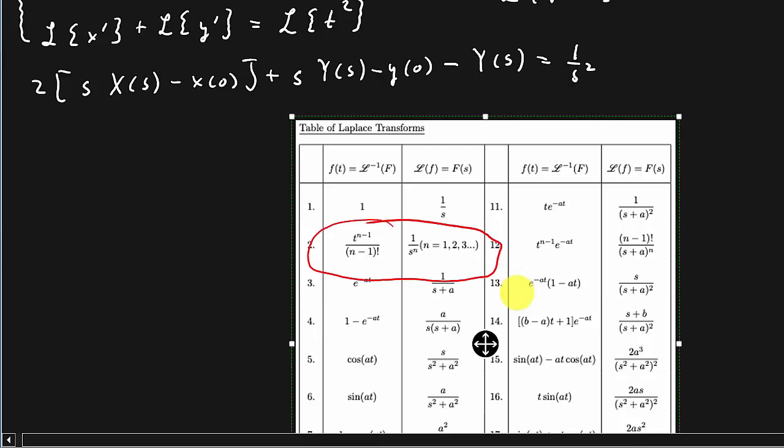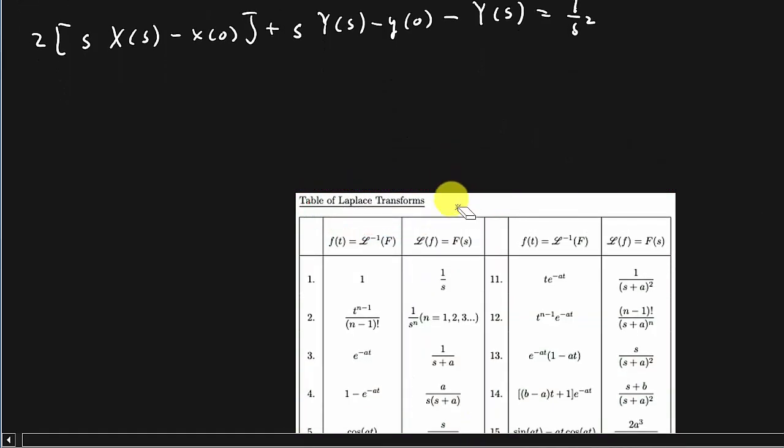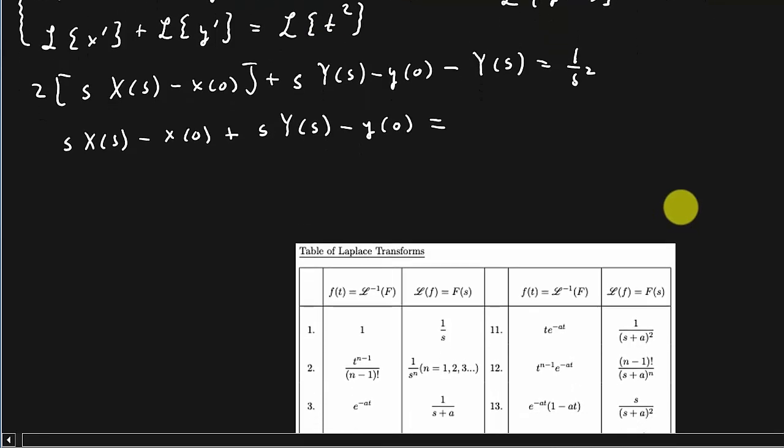Now let's do the next one. And let me just see if I can move this down, because we're going to have to use it again. All right, so now we've got this one. This is going to be s times capital X of s minus x of 0 plus s capital Y of s minus y of 0 equals, so I'm doing this second line now, the Laplace transform of t squared.